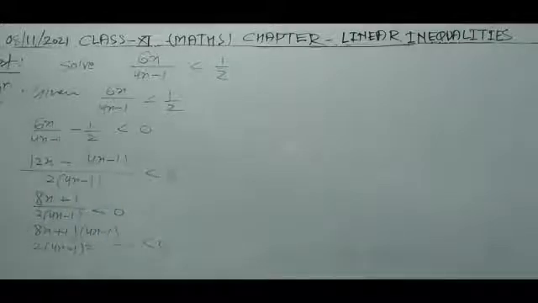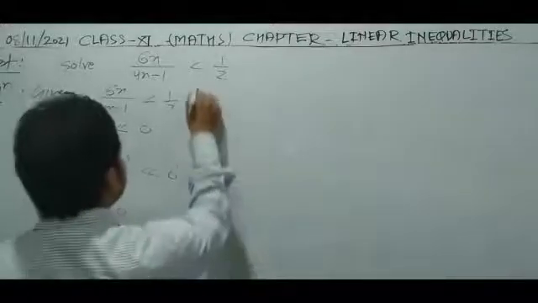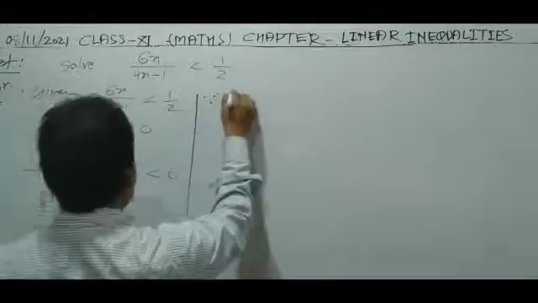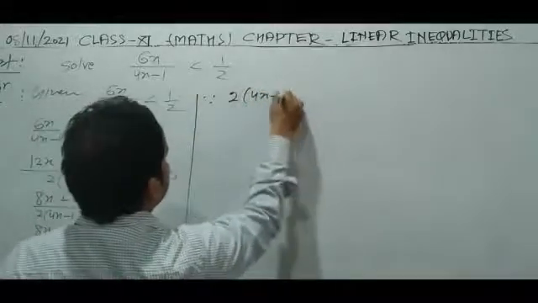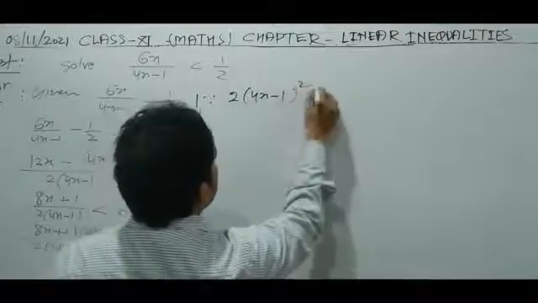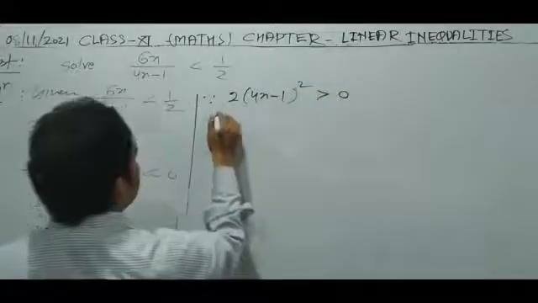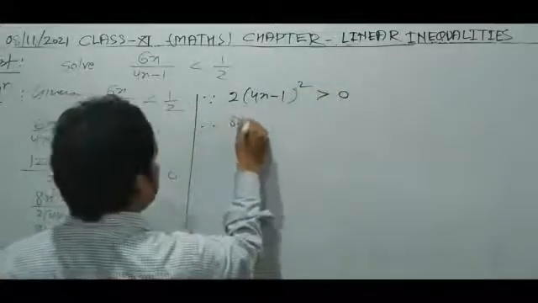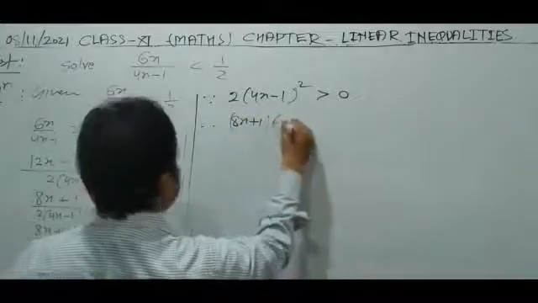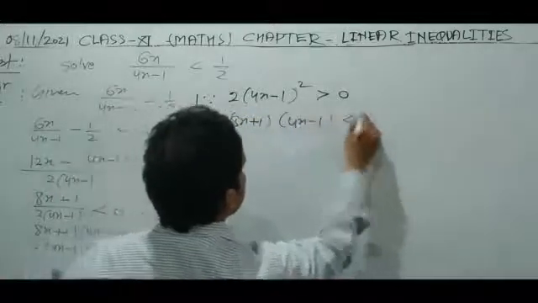So the denominator part is in square terms, so this will always be greater than 0. Since 2 times 4x minus 1 whole square is greater than 0, therefore 8x plus 1 into 4x minus 1 is less than 0.